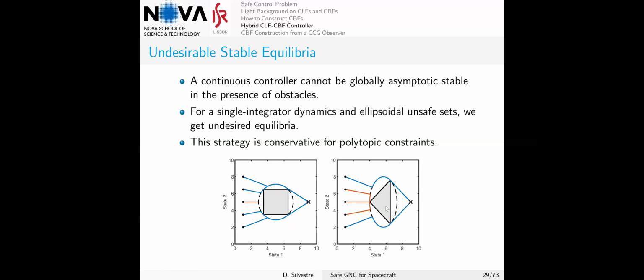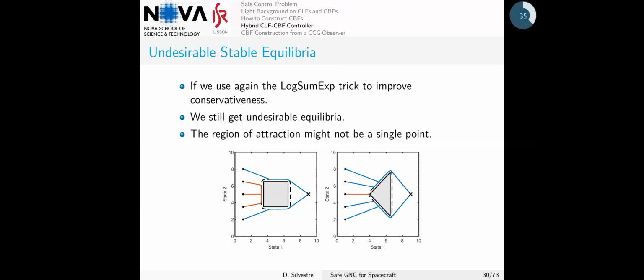But as you can see here, there are cases where that's not going to happen. So you'll have a region of attraction for this undesirable equilibrium. You'll be safe, so nothing that was said before in this workshop is wrong, but you won't be stable. That is an issue, especially for polytopes.